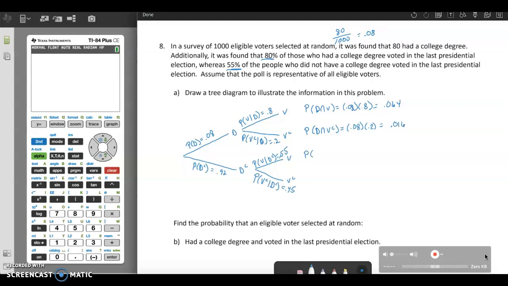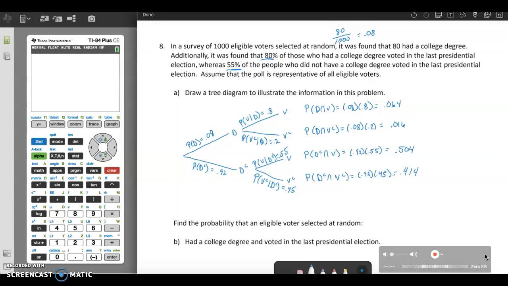The probability of not having a degree and voting is 0.92 times 0.55, which is 0.504. And lastly, the probability of not having a degree and not voting is 0.92 times 0.45, which is 0.414.